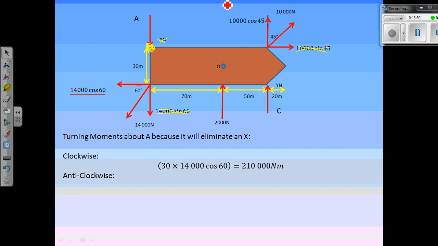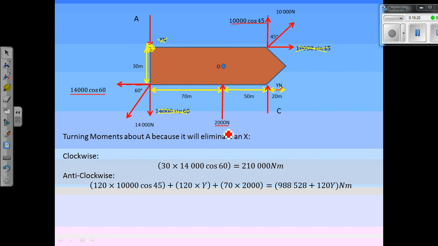Now going anti-clockwise, that counts for this one here. So that's 70 lots of 2,000. We're also going to have 120 lots of y. We're going to have 120 lots of this 10,000 cos 45 as well. So 120 times 10,000 cos 45, that's this anti-clockwise moment. 120y, that's that anti-clockwise moment.